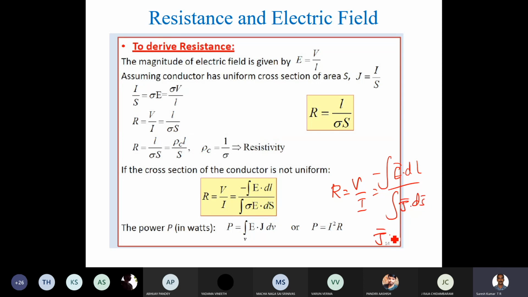You know J equals sigma E for conduction current density, so you can replace it. Now we see a nice equation that is totally a function of electric field. If you know the electric field, then we can calculate the resistance of the conducting medium. So these two equations are important.